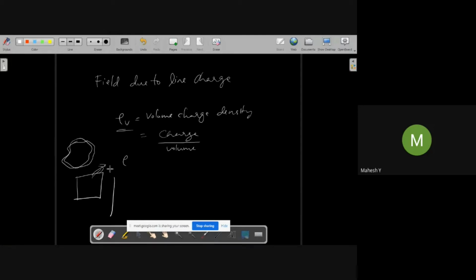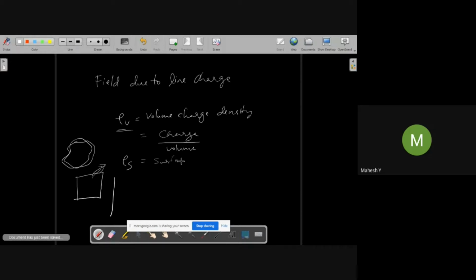In the surface, we don't have volume, right? So what do we have? Yes, very good. Area. So rho s, we call it surface charge density.